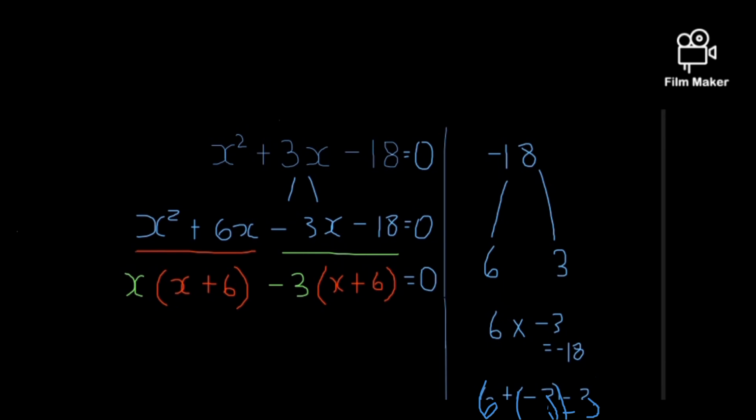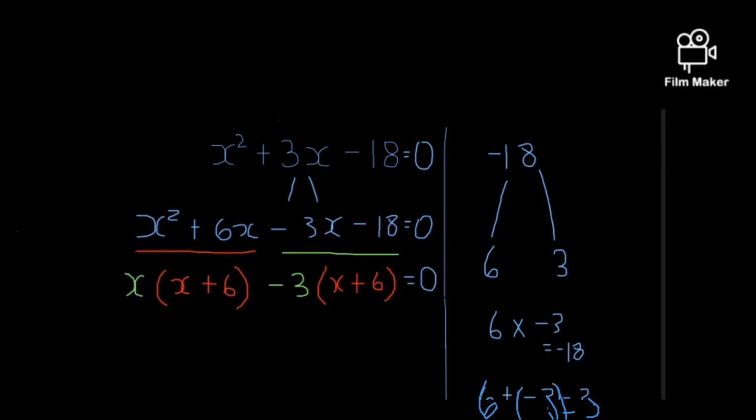Now we can be sure that this negative 3 here is a factor of negative 3x minus 18. How can we be sure? If we multiply the negative 3 by x, we'll get back the negative 3x. And if we multiply negative 3 by 6, we'll also get negative 18 here.